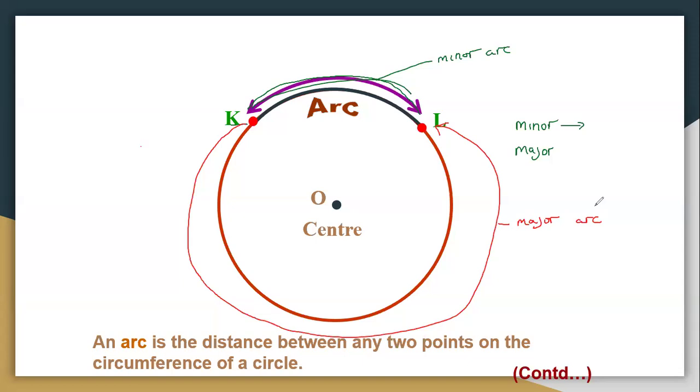The smaller one is what you call the minor. The bigger one is what you call the major arc. For any circle where you have an arc, you can have 2 types, the minor one and the major arc.